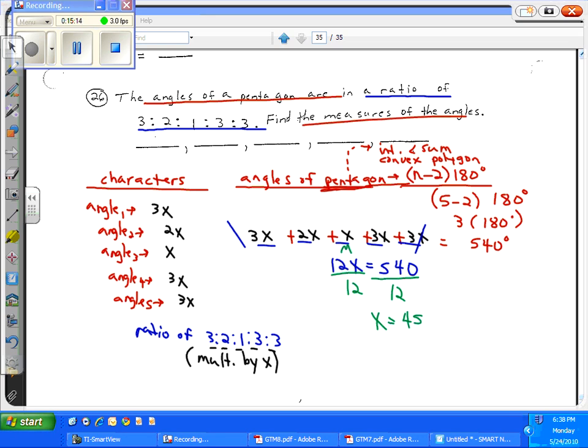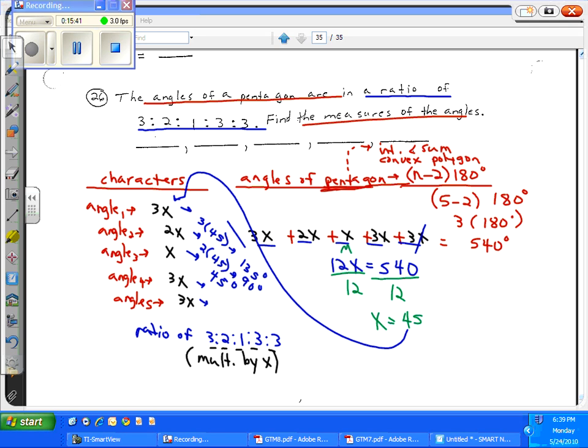Question was find the measure of each angle. So we're going to take what we got for x and plug it in to get each angle. So the first angle is 3 times 45 degrees, which is 135 degrees. The next one is 2 times 45 degrees, which is 90 degrees. The next one is 1x, which is 45 degrees.